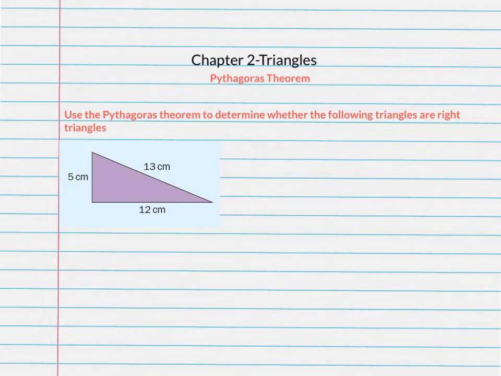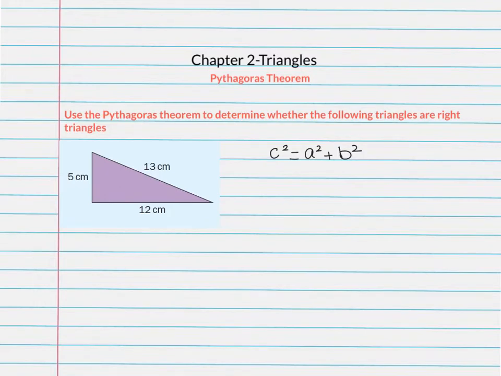To determine whether it's a right triangle or not, the only way is to use Pythagoras theorem. Let's write down Pythagoras theorem. It says that c squared is equal to a squared plus b squared. We agreed that c is the length of the hypotenuse. If I do not know which one is the hypotenuse, c is considered the longest measure.